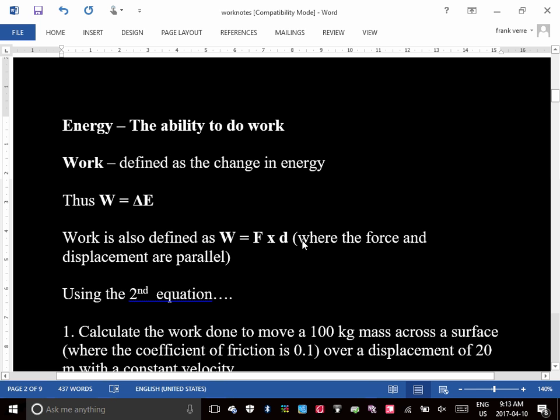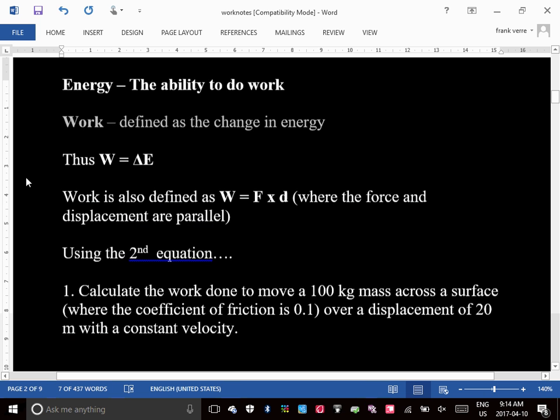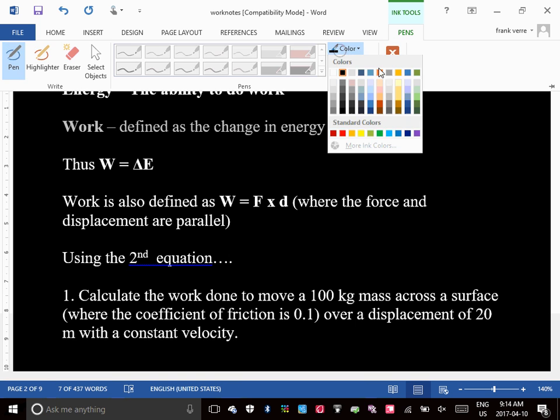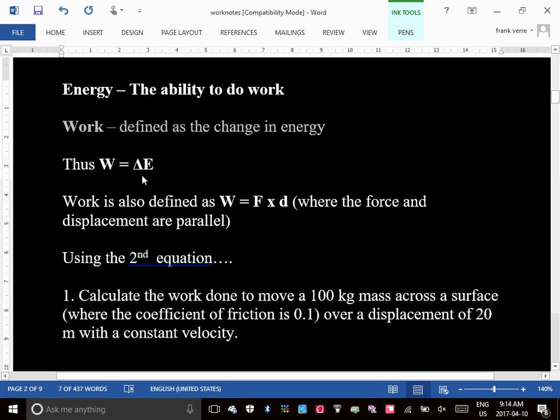We have one definition of work, but different ways we're going to calculate it. The definition most people use is this one here: work is defined as a change in energy. If we define it that way, you'll have an equation right over here: work is the change in energy.